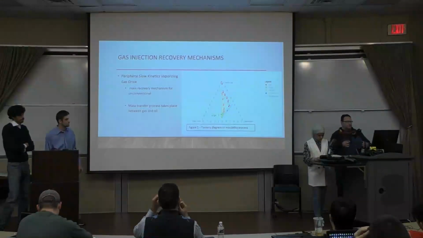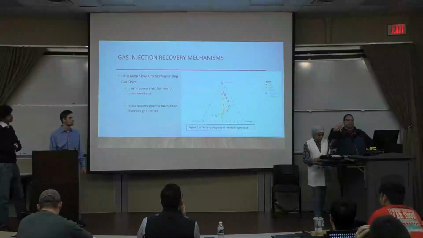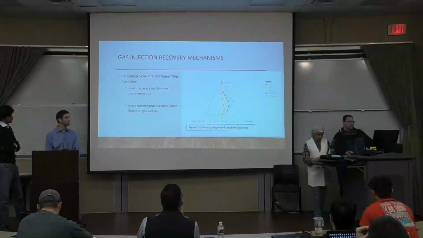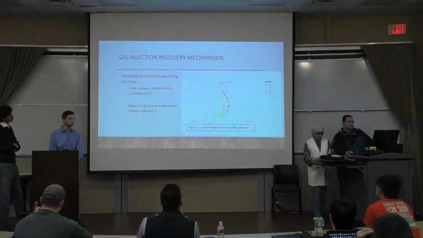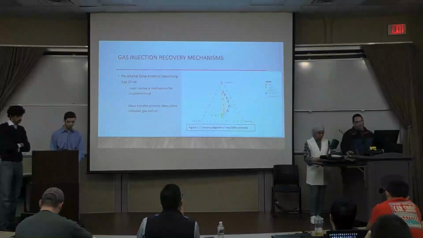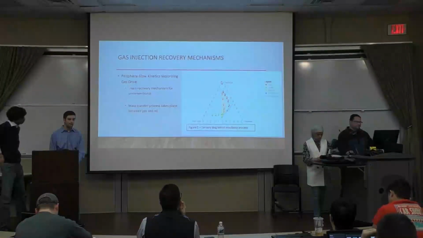This mass transfer takes place where the lighter components vaporize into the crude, and the crude eventually gets lighter. There can also be an enrichment process of the gas, which takes on the heavier components of the crude. And once we reach this critical point, then miscibility is reached.